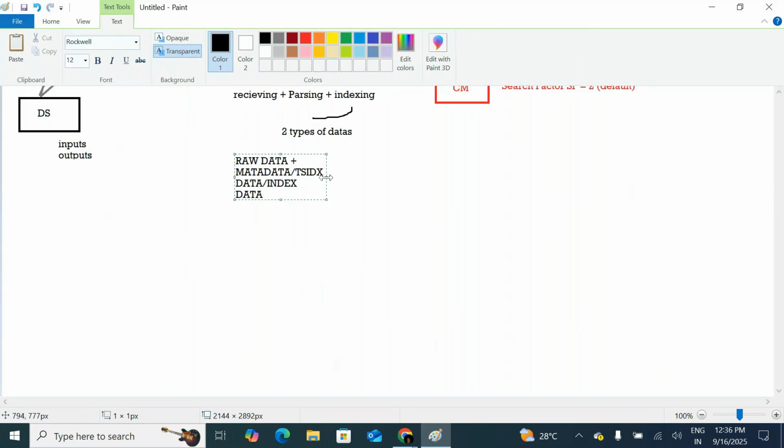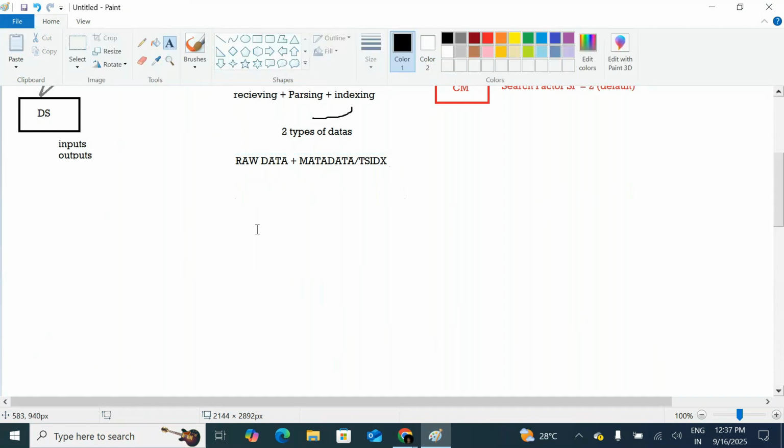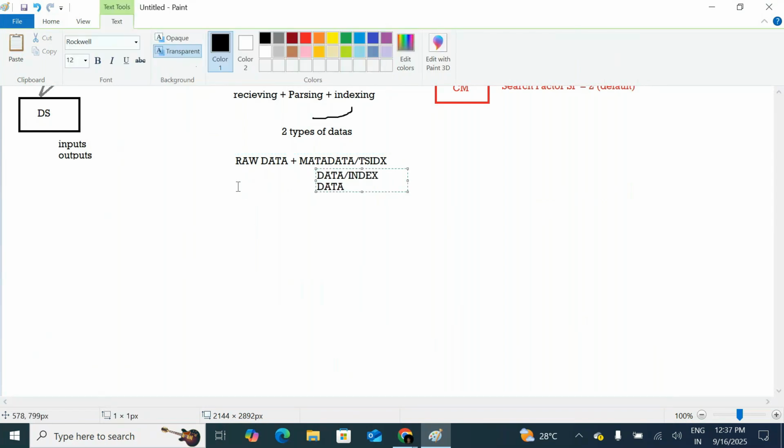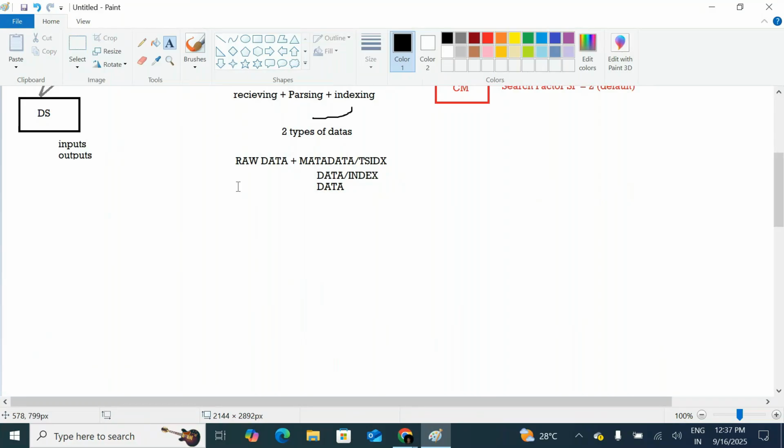Anything is fine. That means Splunk is storing two types of data: raw data and metadata. Understand, sir? Now, what is raw data and what is metadata?